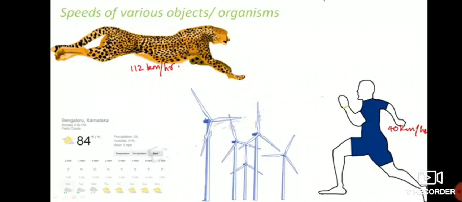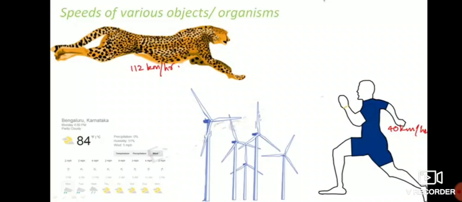In a particular area the speed of the wind is very slow, in another area the wind speed is very high. If the wind speed is very low, then there will be an occurrence of rain. A lot of variation takes place on the basis of speed.